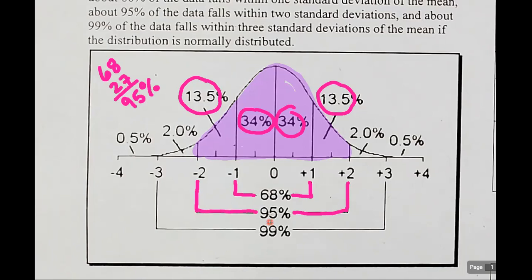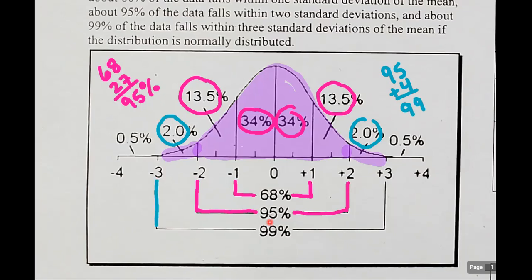And then if I add on to it this section and this section, I had my 95 and now I'm adding on to that a 2 and a 2. So when I take 95 plus 4, I get 99%.